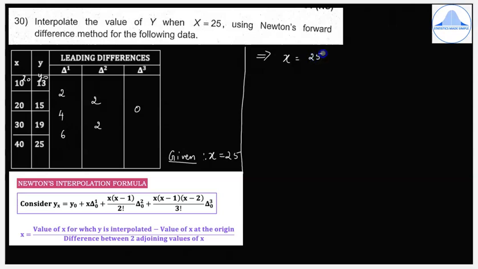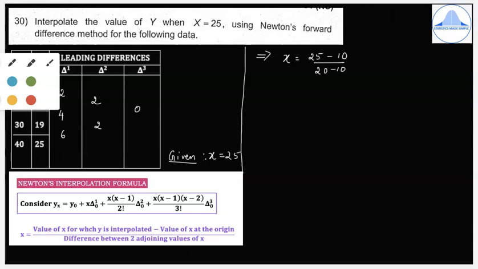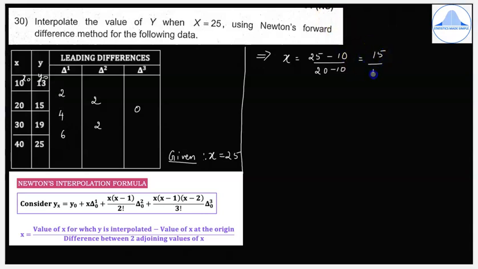It is 25 minus value of x at the origin means it is x naught, that is 10, and difference between two adjoining values of x means 20 minus 10. So when we subtract, we get 25 minus 10 is equal to 15 and 20 minus 10 is 10. So we get here 15 divided by 10 which is equal to 1.5.